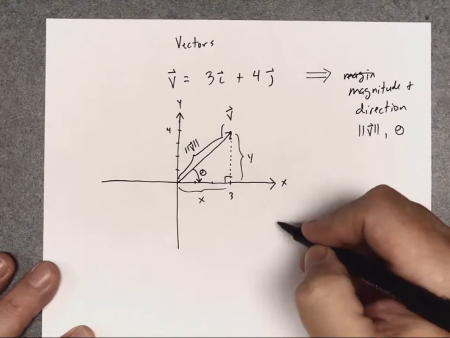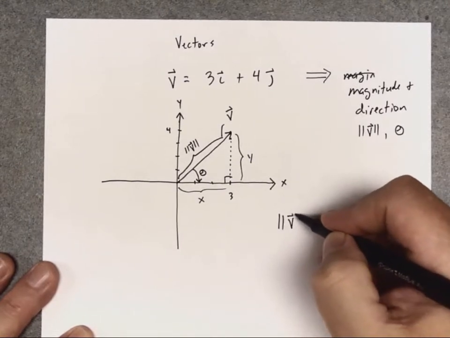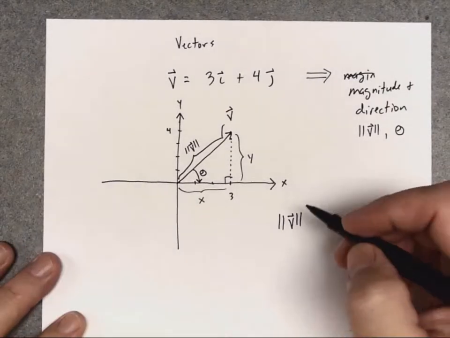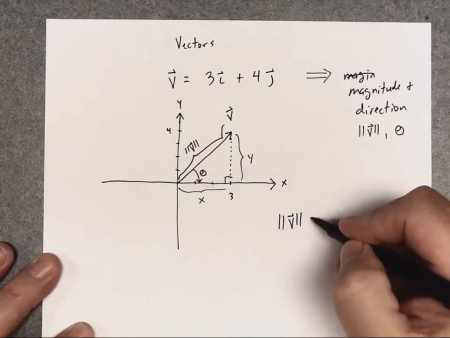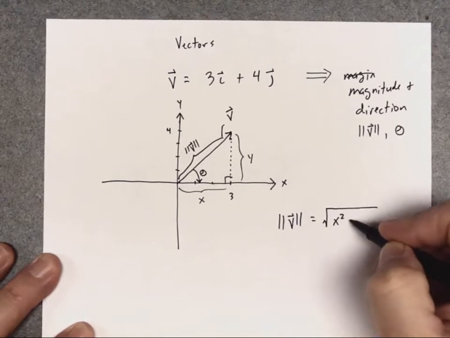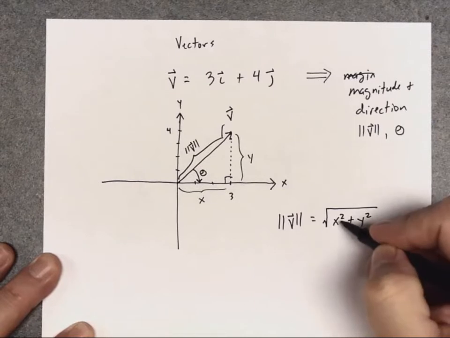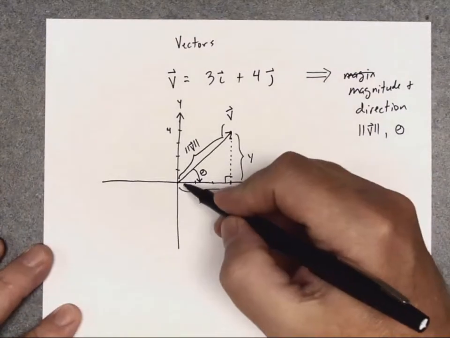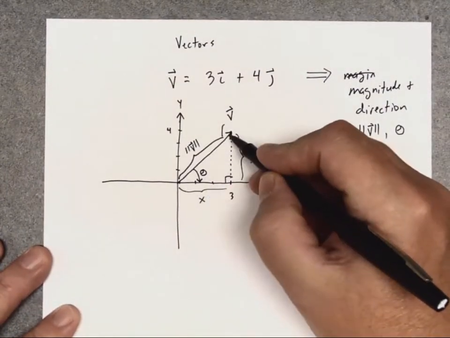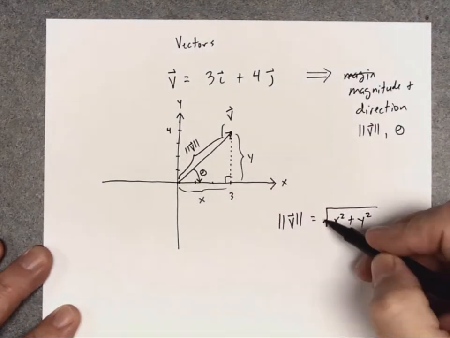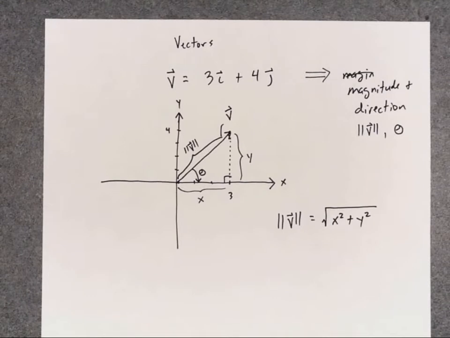So for our case, just to make it easy to write, this magnitude, if we call this vector v, is simply the square root of the sum of the squares of the legs. All right, this is the Pythagorean formula. We've done this many times. The length of this hypotenuse is, you take the one leg and you square it, you take the other leg and you square it, and you take the square root of that whole thing, and there you go.